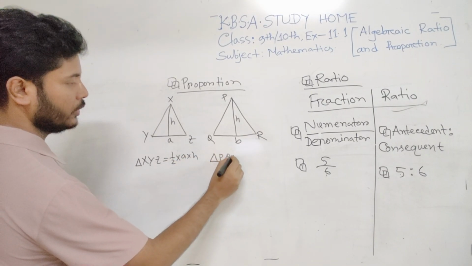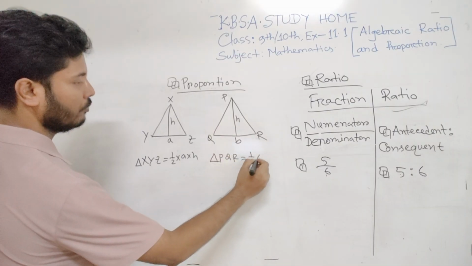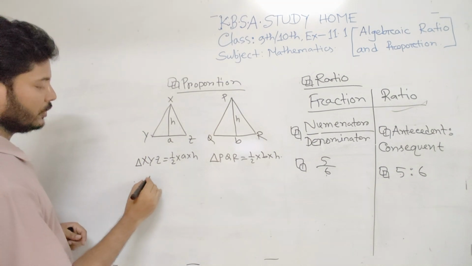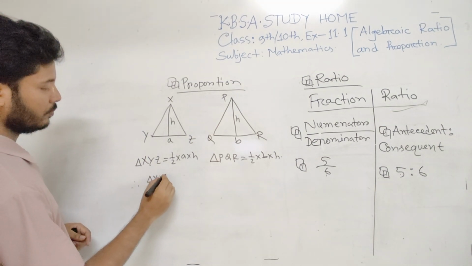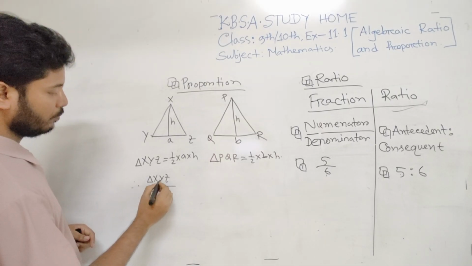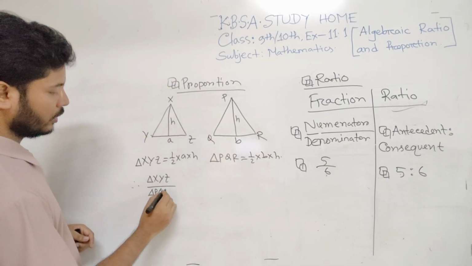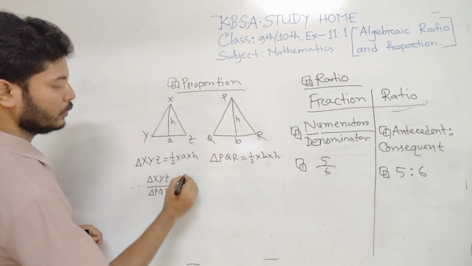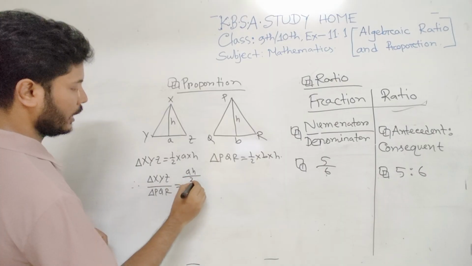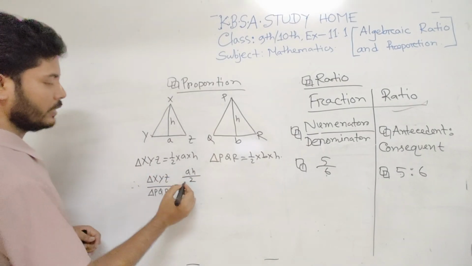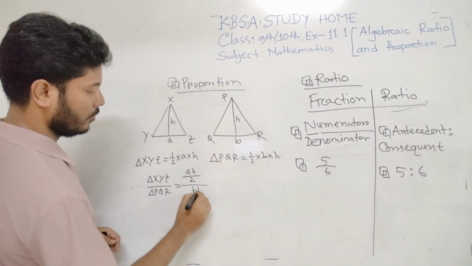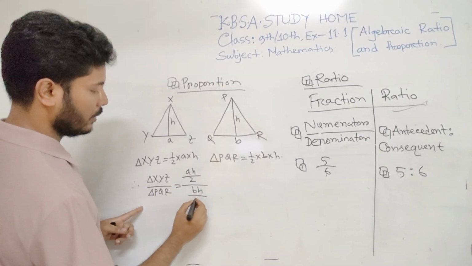Triangle PQR, area is half base into height. If we write it like a fraction, area of triangle XYZ divided by area of triangle PQR.